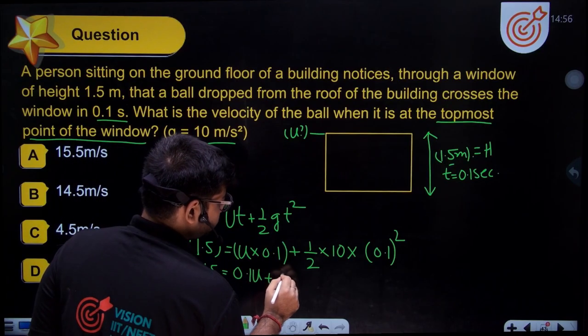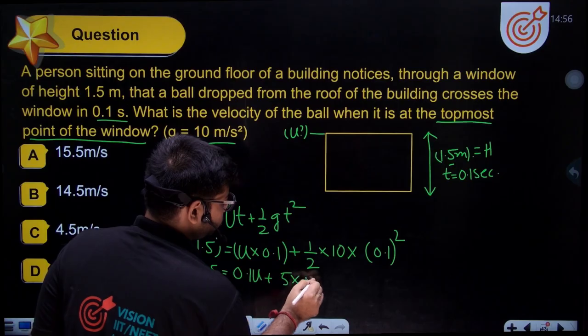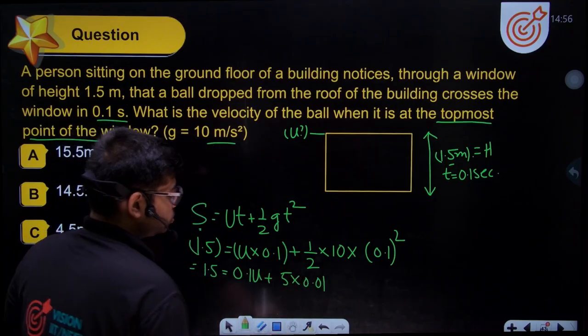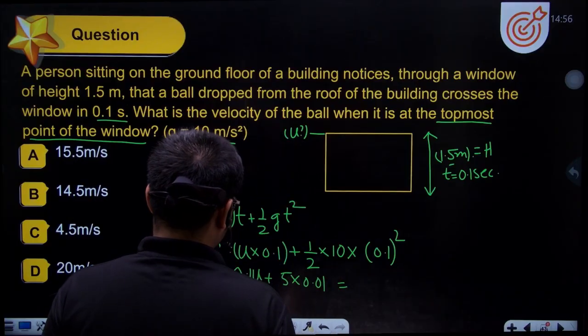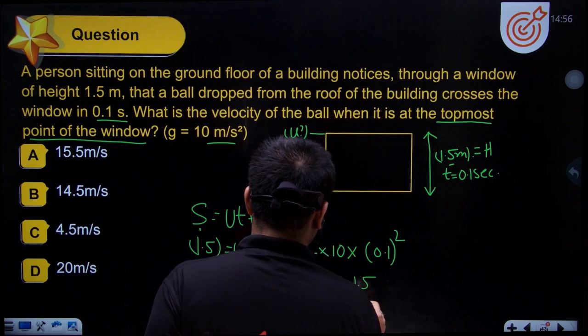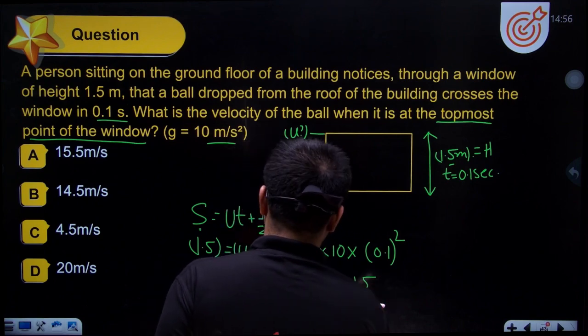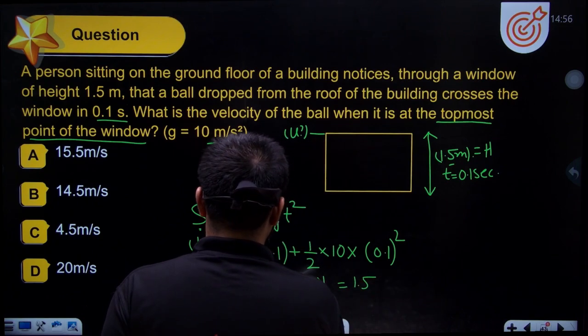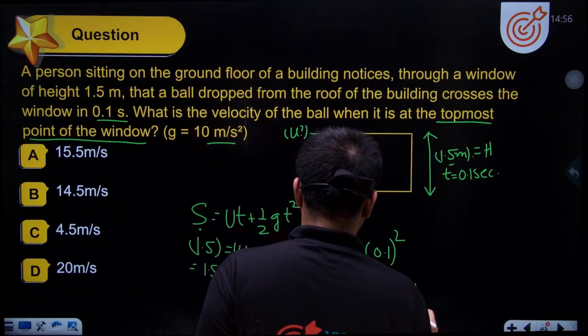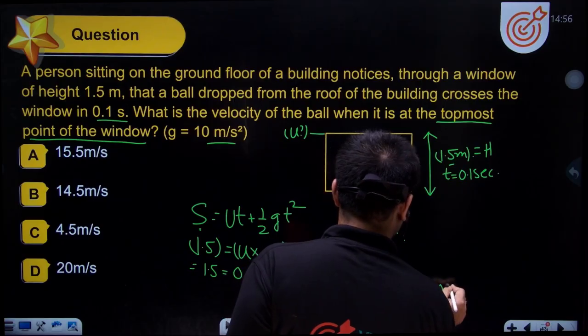So you get 1.5 equals 0.1 u plus 5 into 0.01, so 1.5 equals 0.1 u plus 0.05.